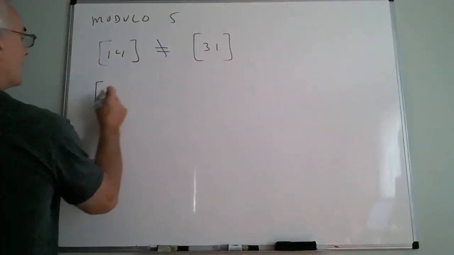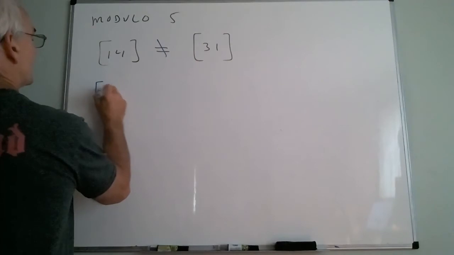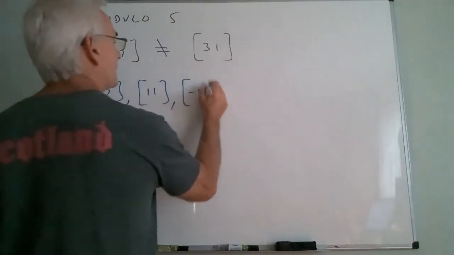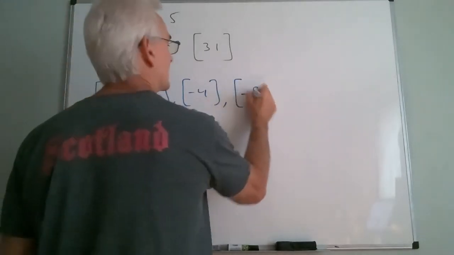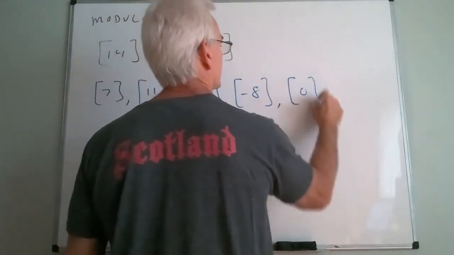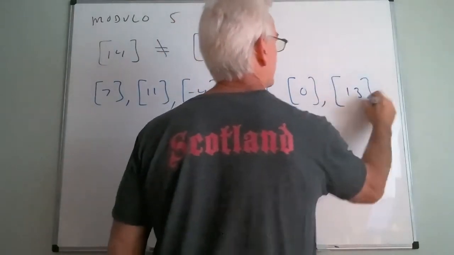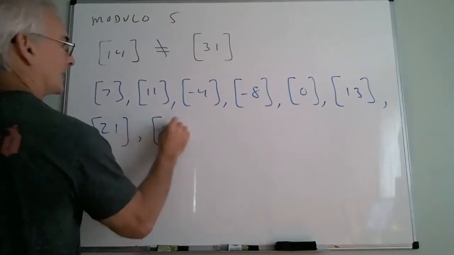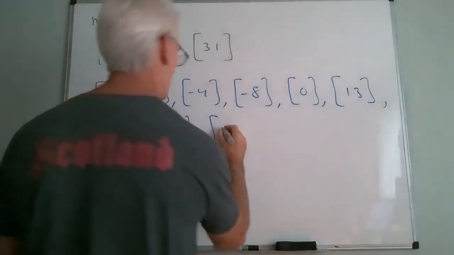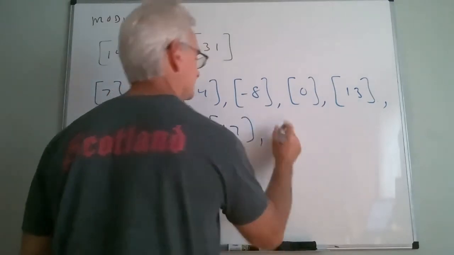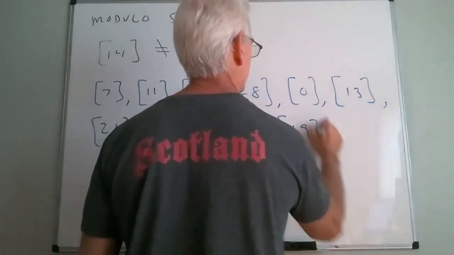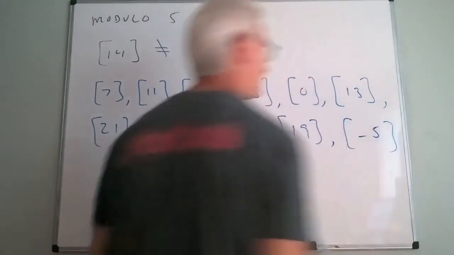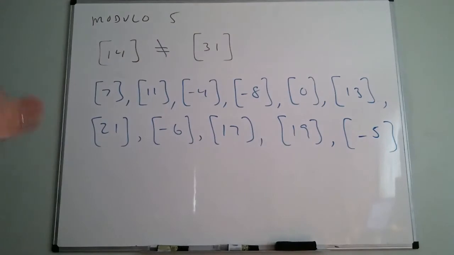I have the following mod 5: 7, 11, -4, -8, 0, 13, 21, -6, 17, 19, and -5. Here are what I give you: 2, 4, 6, 8, 10.